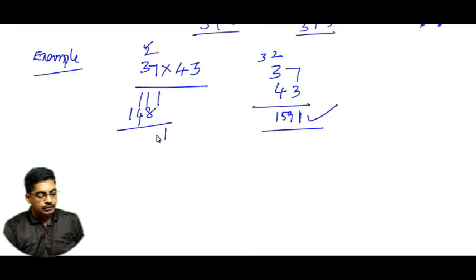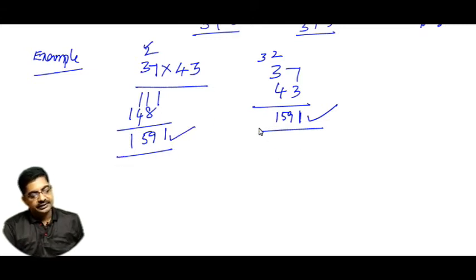Now just add that. The answer we arrived at is correct in both traditional mathematics and Vedic mathematics. But by performing the multiplication of 37 into 43 in Vedic mathematics, you come to the answer very quickly and accurately.